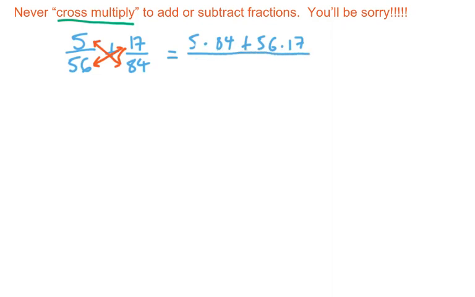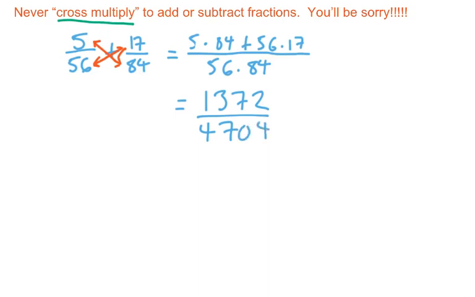In the denominator, you multiply the two denominators together. Then you just do all of that arithmetic, and here's what you get. 1,372 over 4,704. Oh my goodness, what a mess.